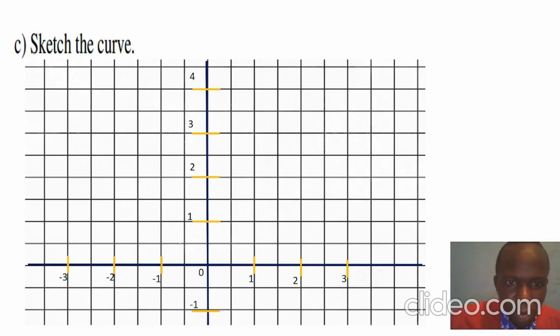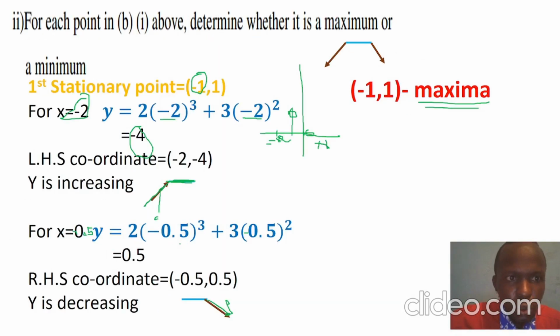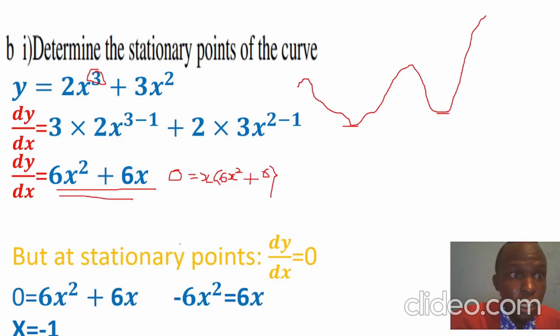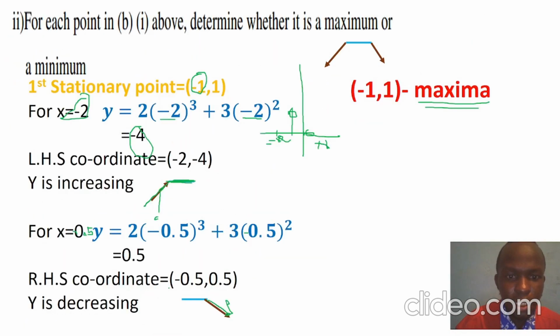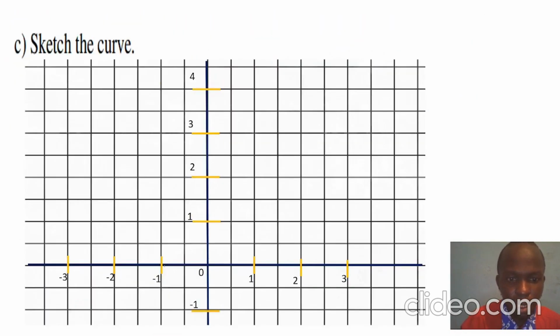I want us to go back to Roman 1, part A, the curve sketching. What is our x-intercept? Our x-intercept is negative 1.5. So let us mark it on the graph. Negative 1.5, here is the point.